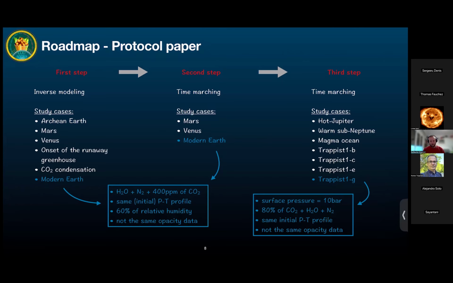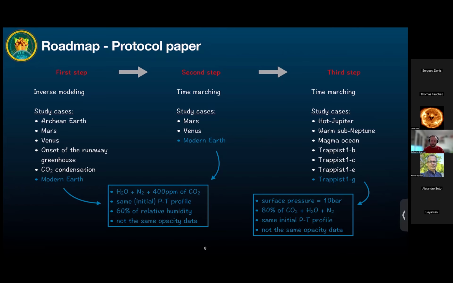But it's not straightforward to share the opacity data because they are not necessarily at the same resolution. They are not necessarily the same kind of data as well. Well, it's still in discussion at this point.